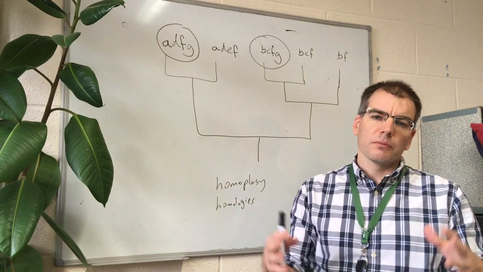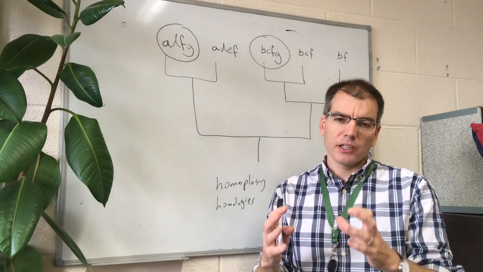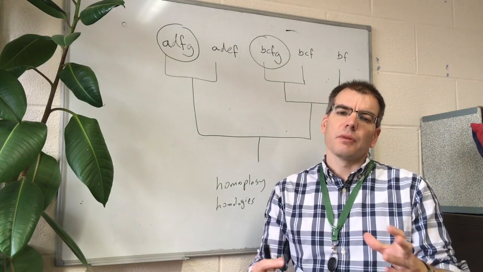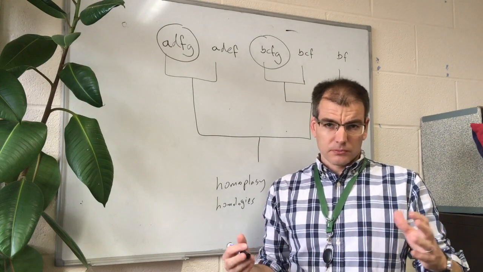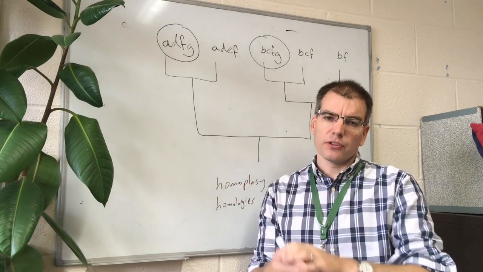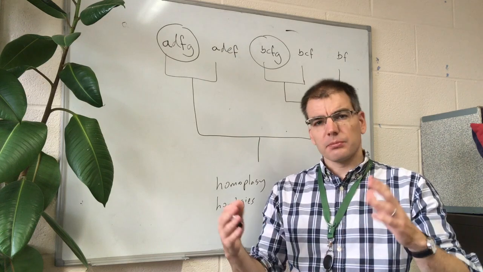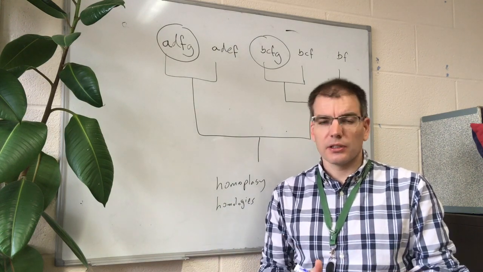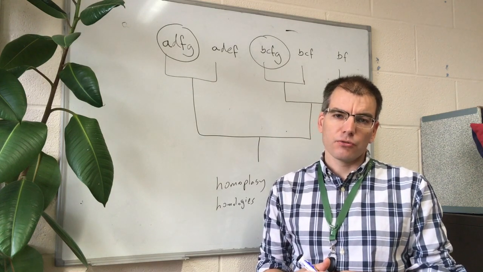And so people thought, well, maybe when we start looking at the genetic material, maybe when we start looking at DNA, then we'll find there's much less homoplasy. The thinking was, well, morphological characters could have evolved convergently due to the same selective pressure. But surely that's much less likely to happen with DNA data, especially if we look at parts of the genome that are evolving in a neutral fashion.